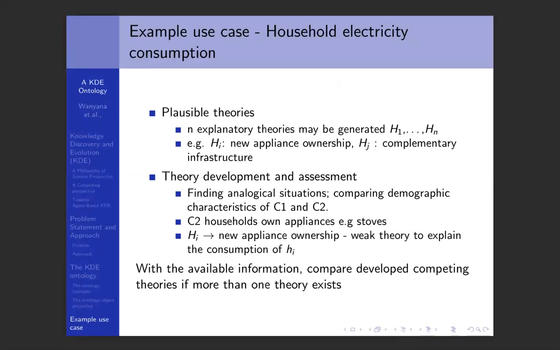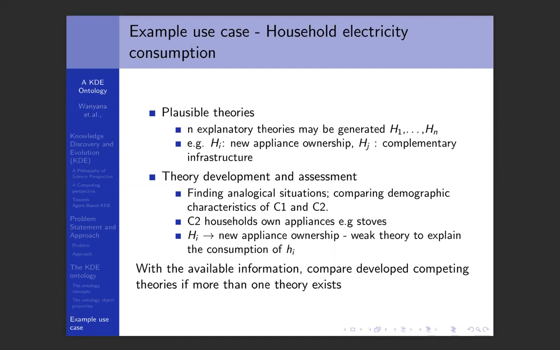Now, to develop these theories further, the agent has to find analogical situations where the theories in question actually explain the observed phenomenon. So in this example, it's done through comparing the demographic characteristics of the original cluster the household belongs to, and then the cluster to which the household could potentially belong. From the data that was curated by Webka, they also collect the demographic characteristics.